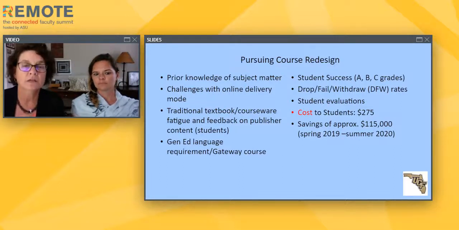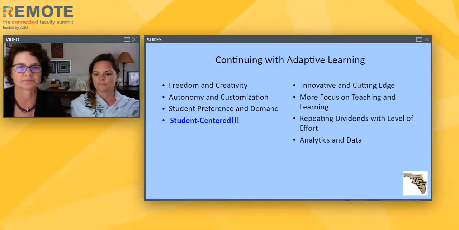So another result of this redesign and our project is that students no longer have to spend this sum of money, which is quite a bit for many students, and just a lot in general. So since we started this project, we estimate that students across the board have saved a total of about $115,000. And this is in the last 3 semesters in which we have taught these redesigned courses with adaptive learning.